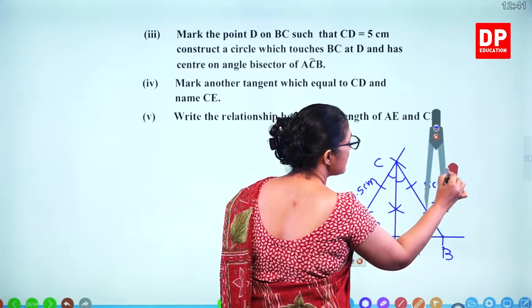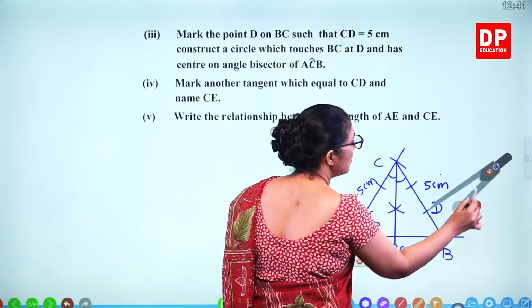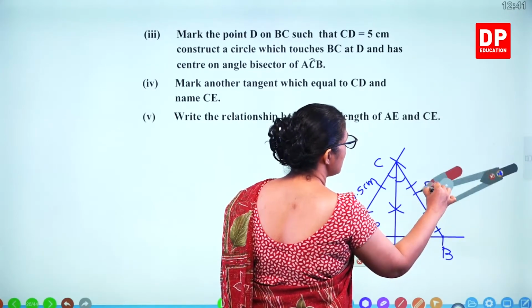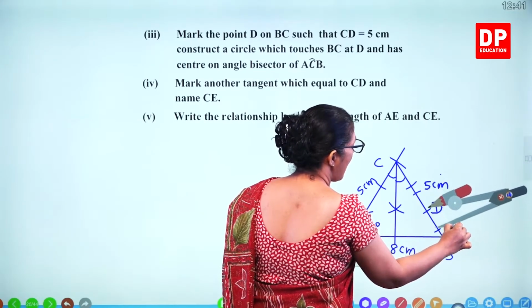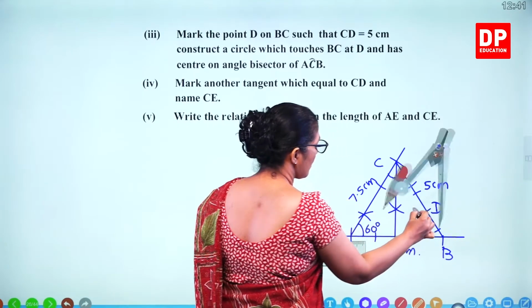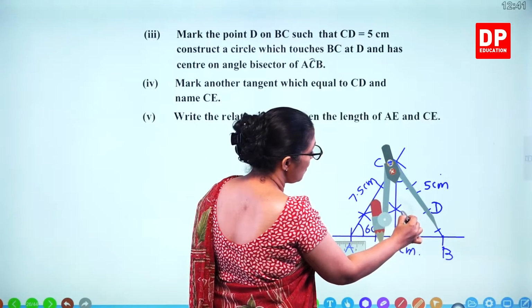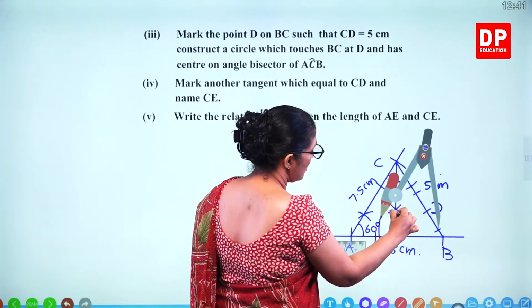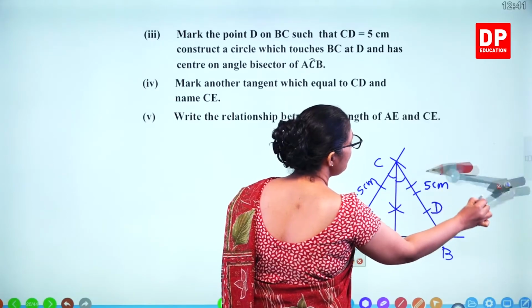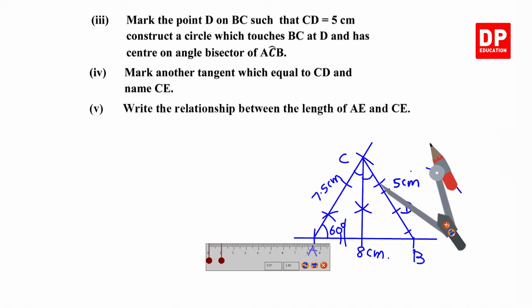So take any distance, draw an arc here and to this side, and keep the compass here, and you need to mark the other two arcs. So one arc here, one arc to this side, and keep the compass on top of this point and draw the other two arcs.